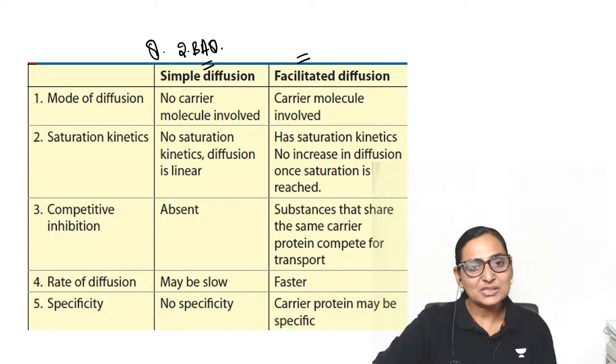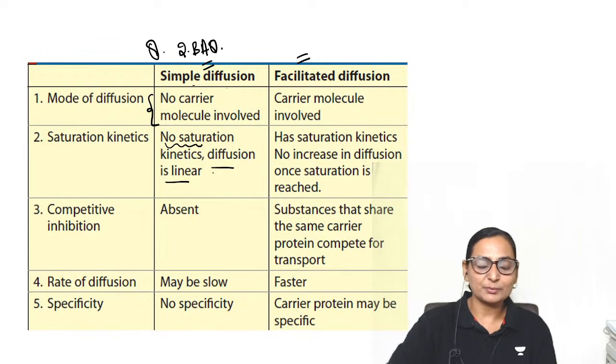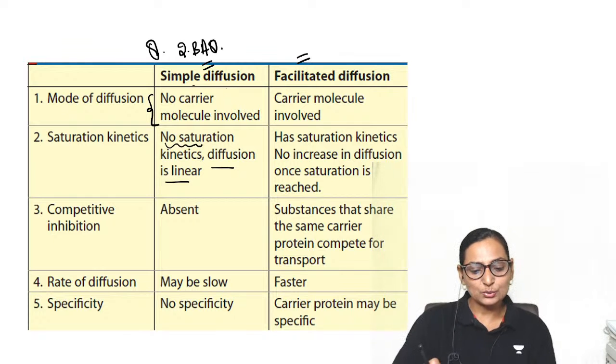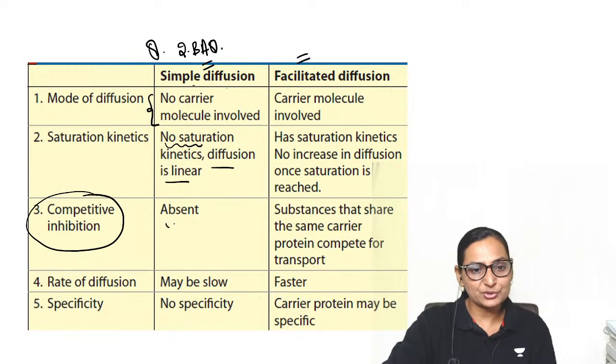So remember, when we speak of simple diffusion, there is no carrier. It does not show any saturation, because it shows a linear relationship. That means you keep on increasing the concentration, there is going to be increase in the diffusion. There is no saturation. There is no competitive inhibition. There is no specificity.